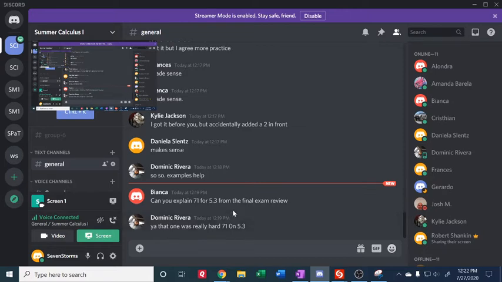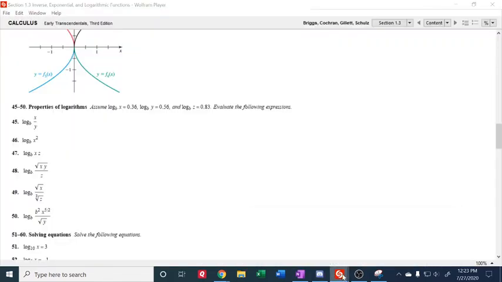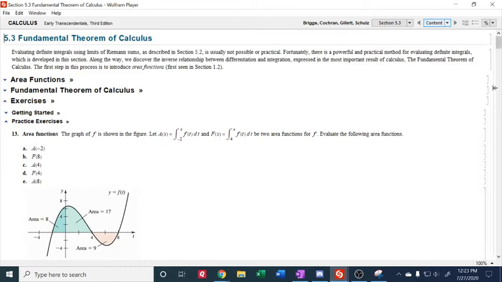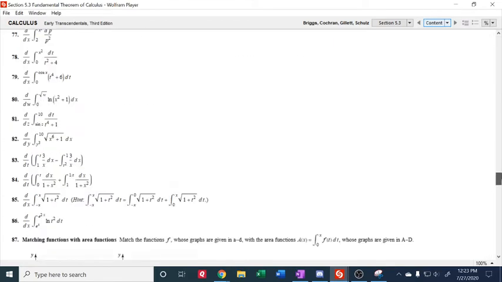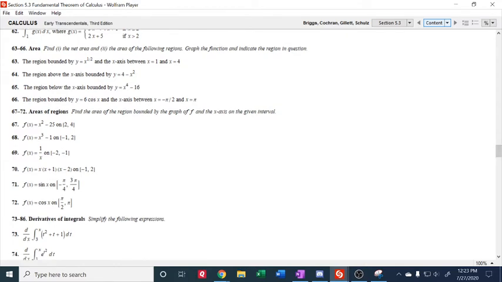Number 71 from 5.3. All right. Oh, 5.3 is already here. Find the area of the region. All right.